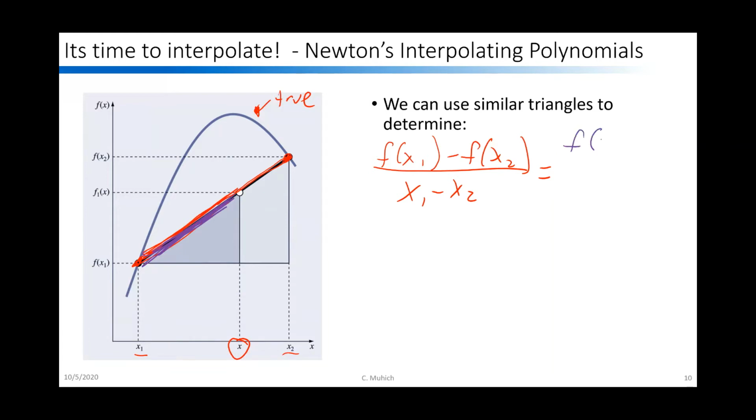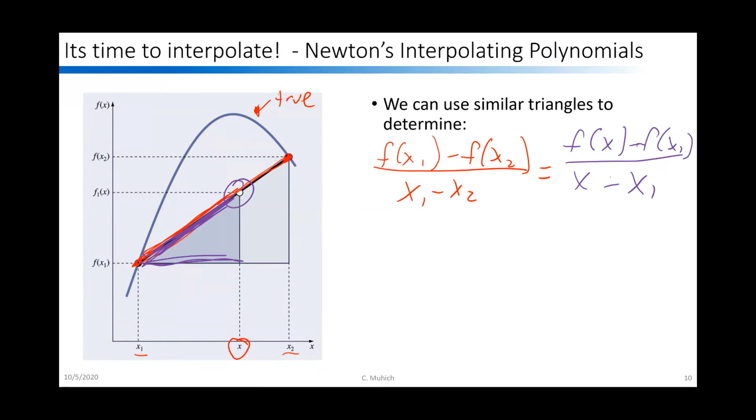So that would be f of x, okay, so this point, minus f of x1 over the distance between x and x1, right? Just so that we have the similar slope.